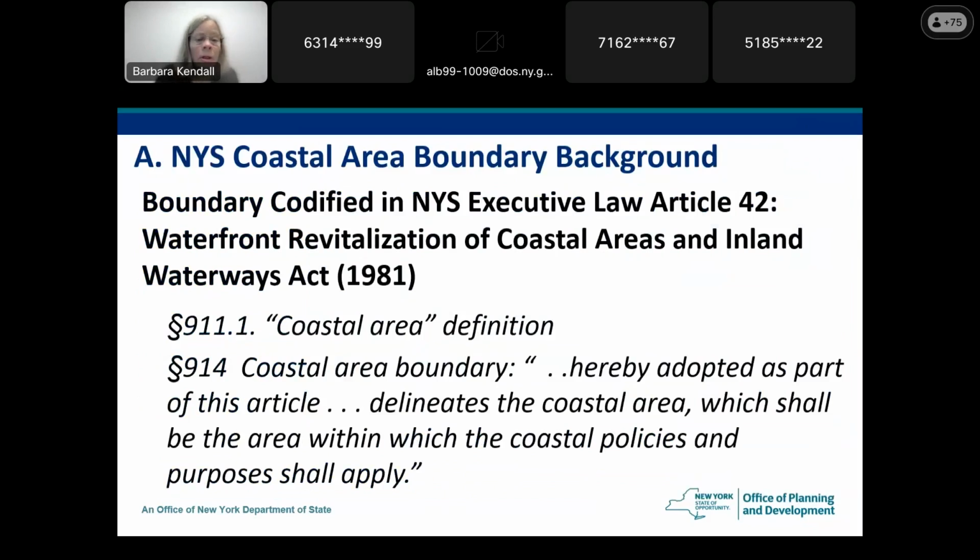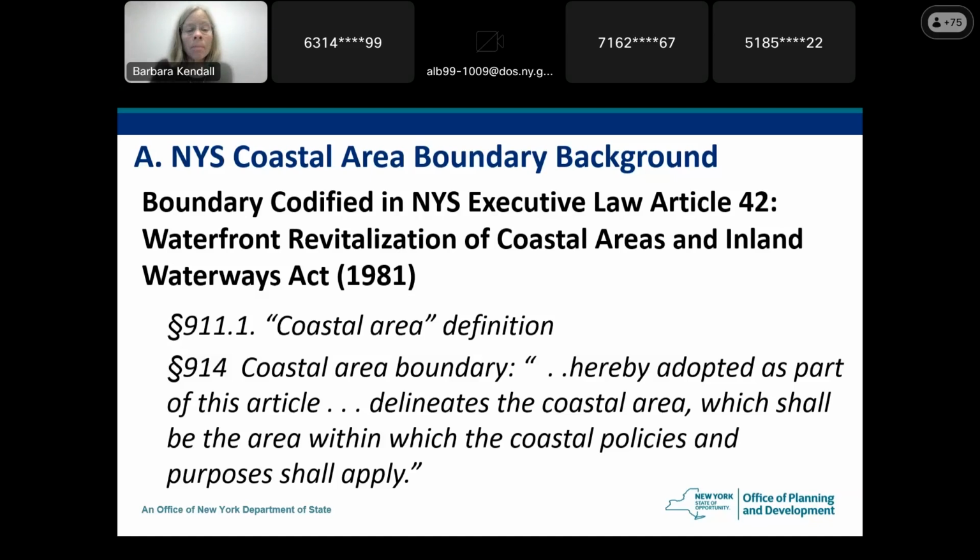The boundary, again, right now we're talking about the original coastal area, as I said, is codified in Article 42. And there's a definition of the coastal area, which says the state's coastal waters and the adjacent shorelines, including landlocked waters and subterranean waters, to the extent such coastal waters and adjacent lands are strongly influenced by each other.